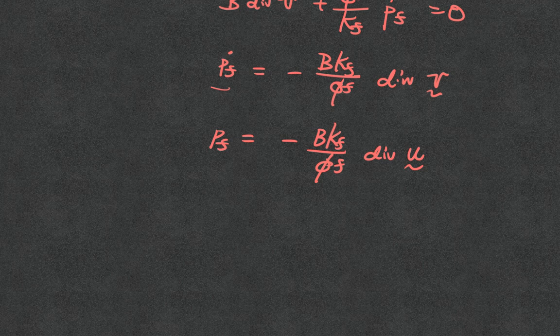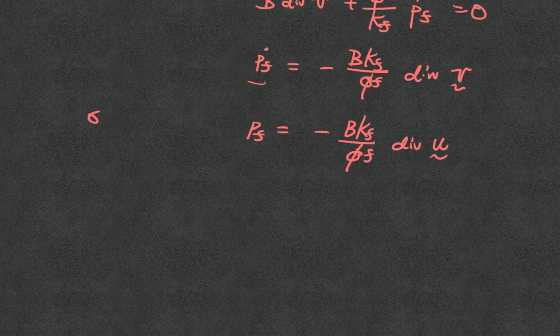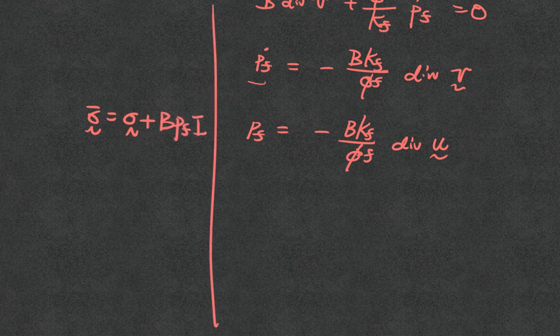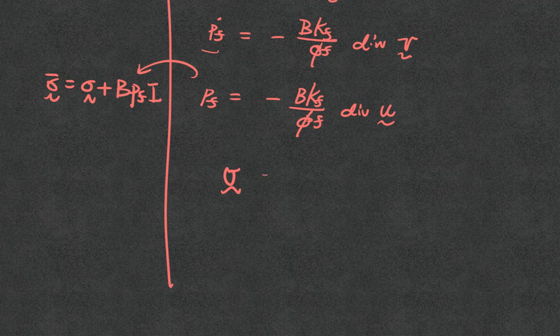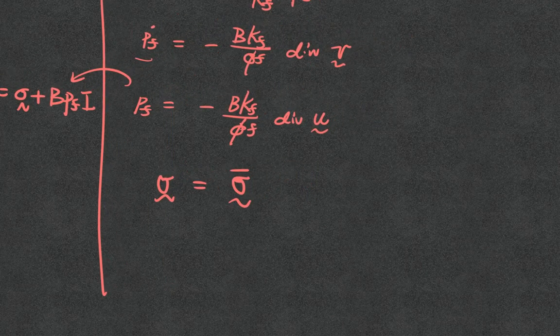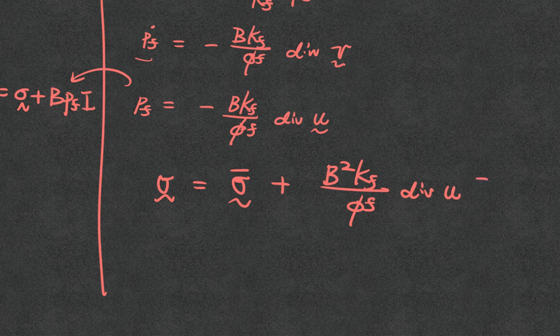Okay, so if I substitute it back into the effective stress principle, where the effective stress equals the total stress plus B P I, then I would have the total stress equal to the effective stress plus B squared K_f divided by porosity times divergence of U times identity.